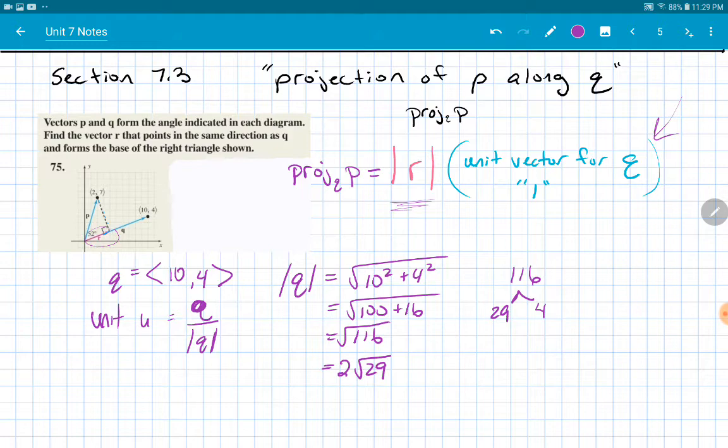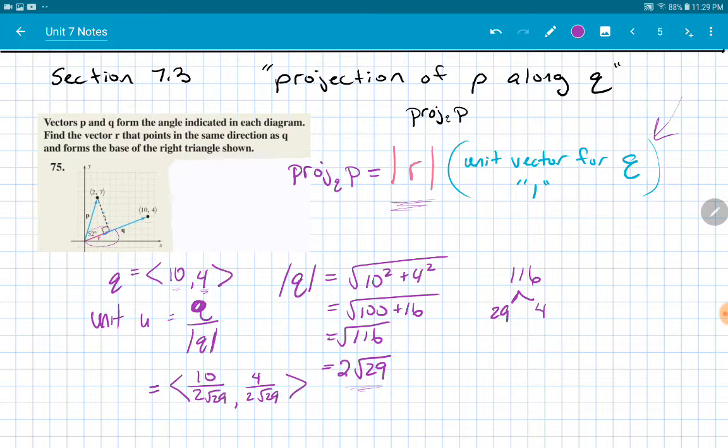To get the unit vector, I take each component of Q and divide it by that magnitude. So that's 10 divided by 2 radical 29, and for the vertical component, 4 divided by 2 radical 29.